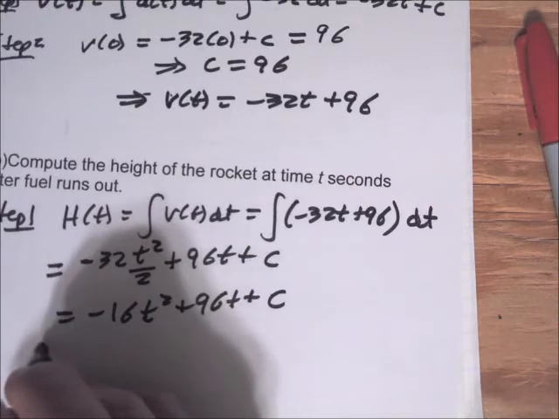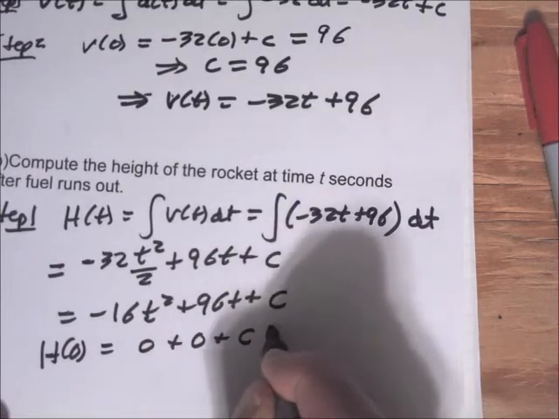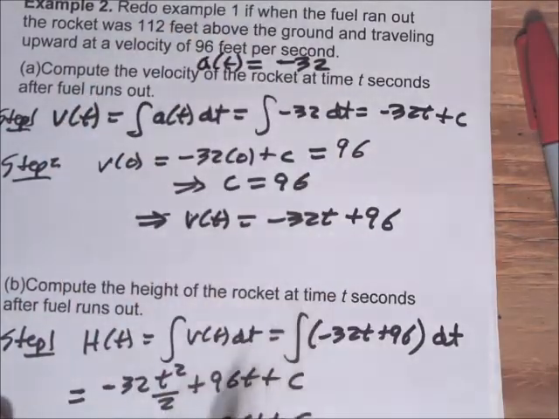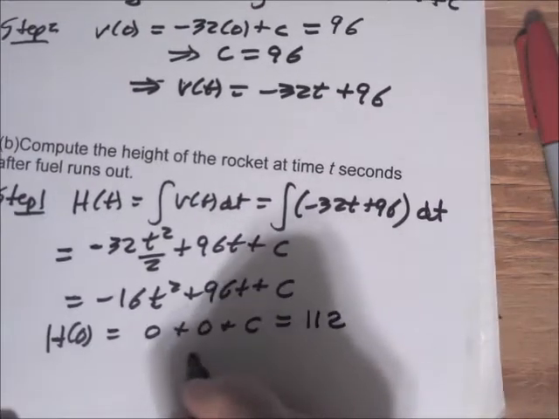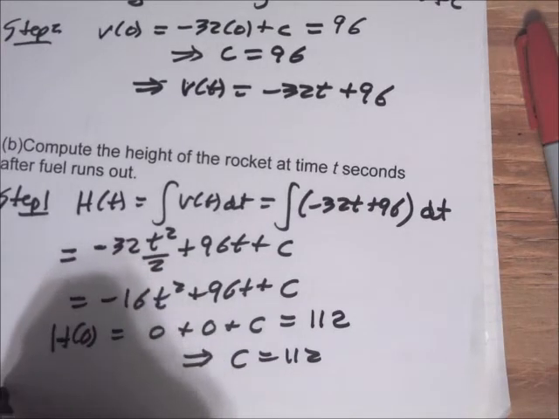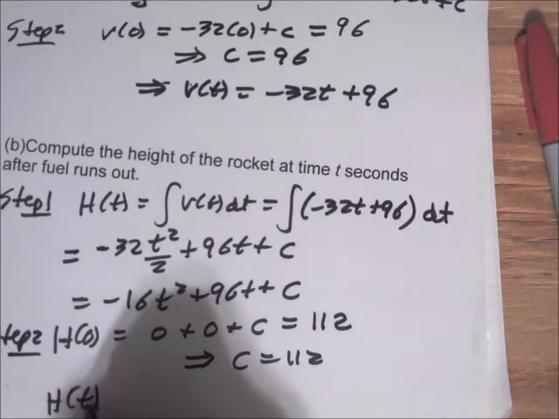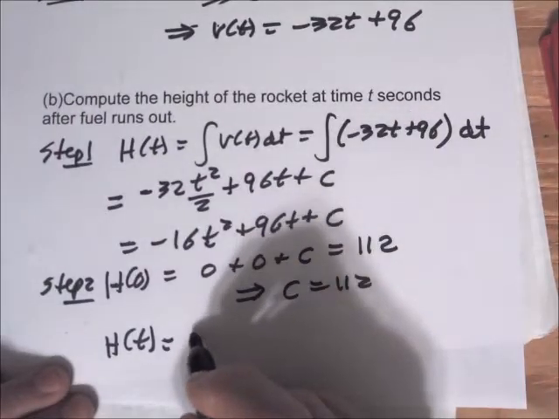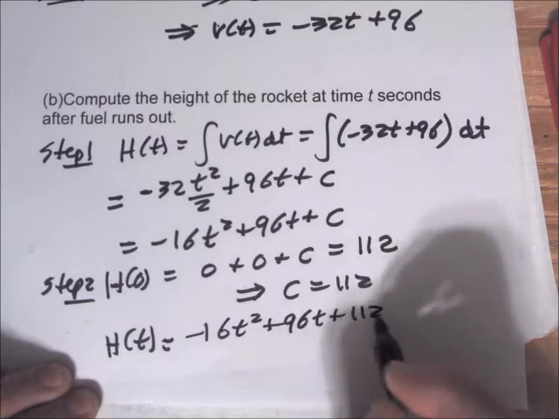And we want h of 0. It's going to be 0 plus a constant. And the height at time 0 was 112 feet. That was the initial value. And that means the constant has to be 112. So this is step 2, h of t is minus 16t squared plus 96t plus 112.